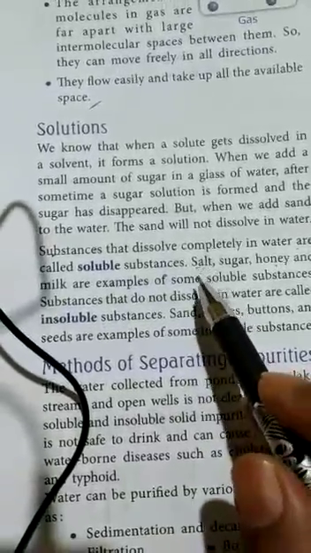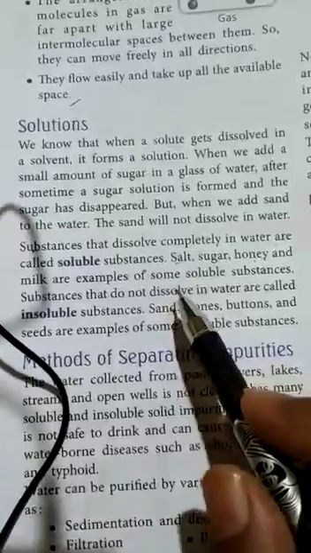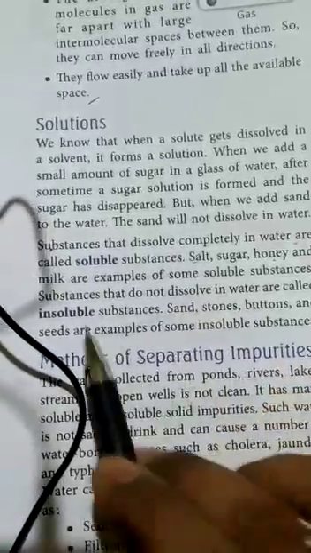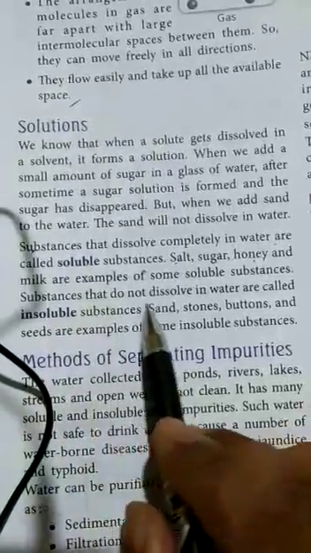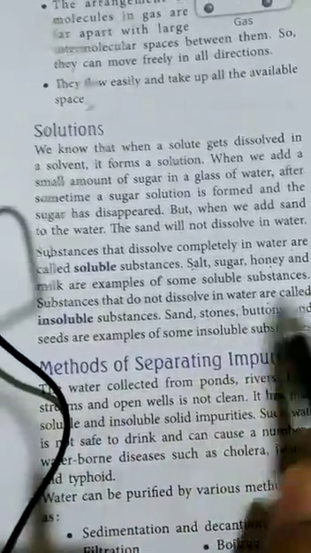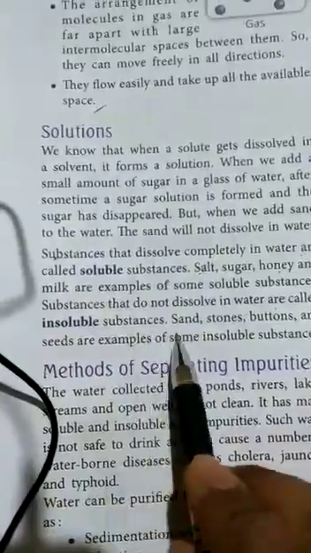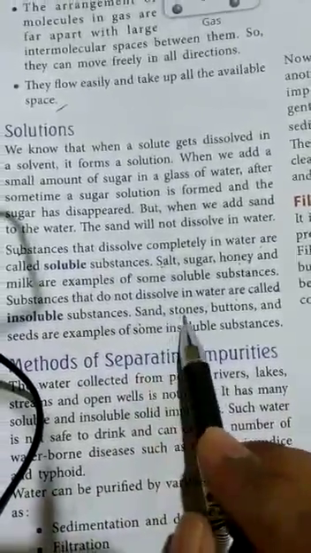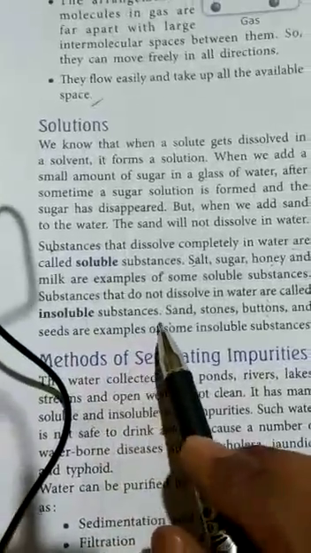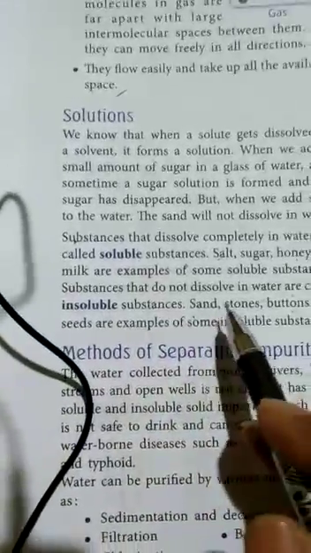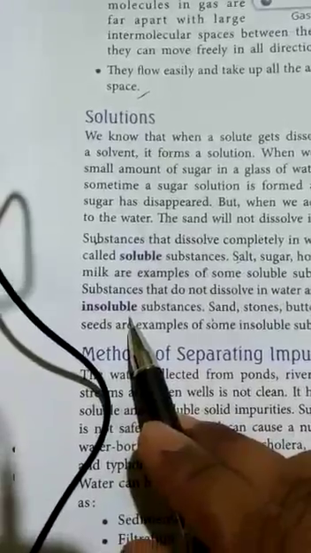When it dissolves in water, it makes a solution. Substances that do not dissolve in water are called insoluble substances, like sand and stone. These do not dissolve in water, so they are called insoluble substances.